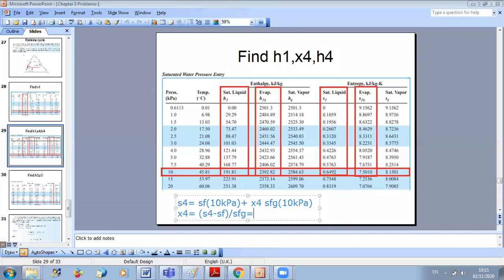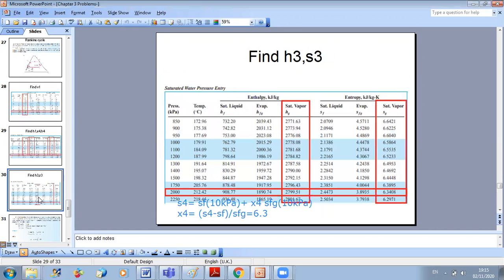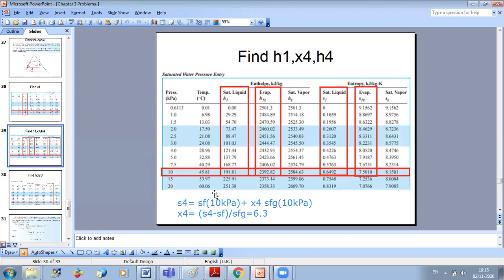Okay, so let us replace. S4 was nearly 6.3, I remember. So let us put the actual value. It's from here. It's 6.3408. Okay. And minus SF. What is SF? SF here, you can read it here.